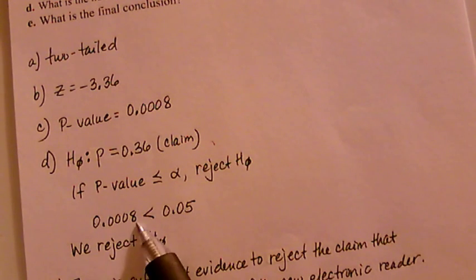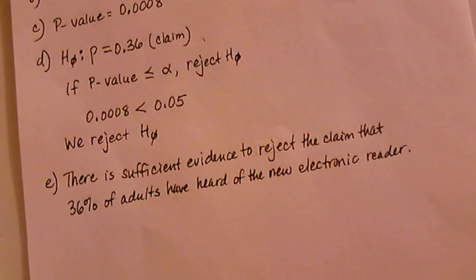So here 0.0008 is less than 0.05, so in this case we reject the null. And then our final conclusion, here's the final conclusion, that there is sufficient evidence to reject the claim that 36% of adults have heard of the new electronic reader. Okay.